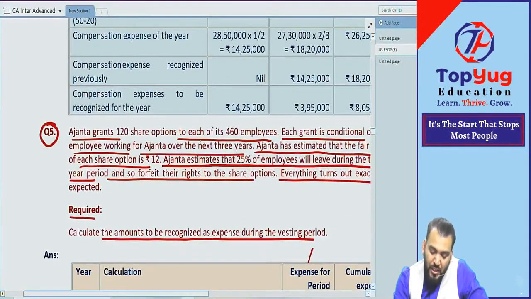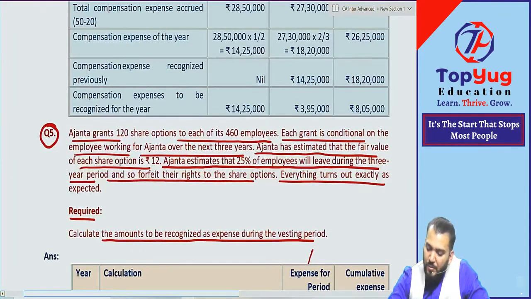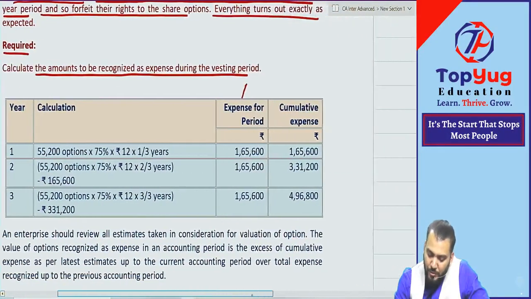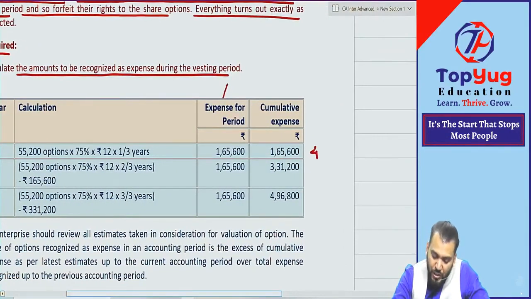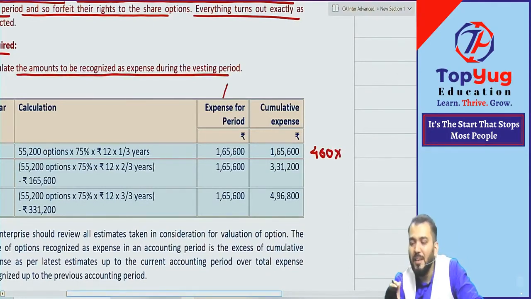So 460 into 120, how much? Either you can do it the way the solution has done, or you can do it this way also: 460 employees into what? How many employees will leave? 25%.